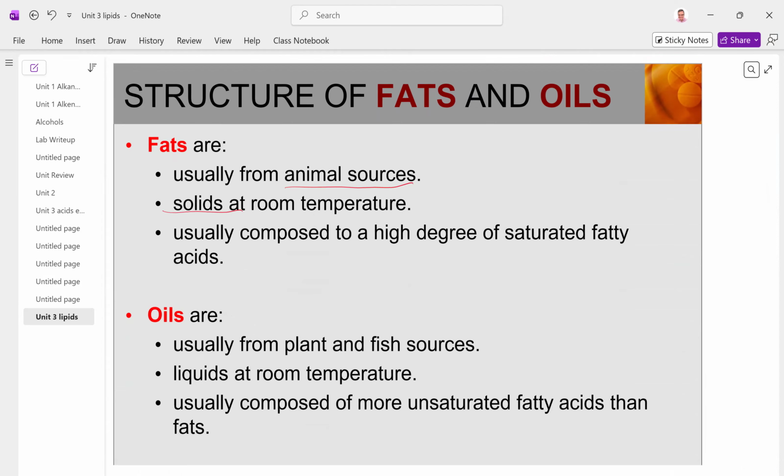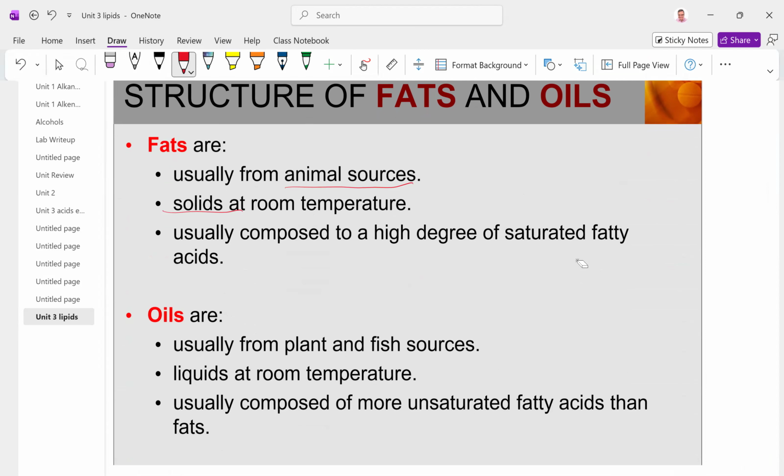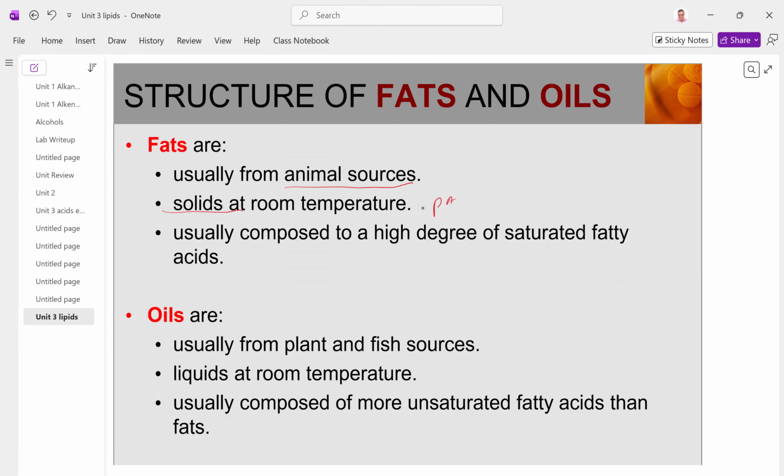They're solid at room temperature, except for palm.